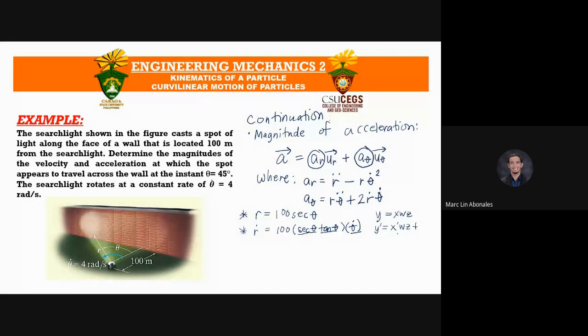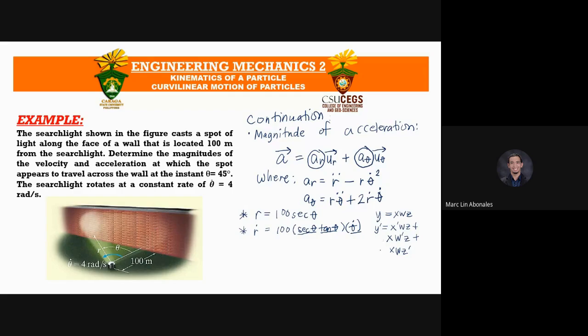Tapos copy lang nimo ang other two variables, w and z, plus x w prime z. So ang ikaduha na po i-derivative, plus x w z prime. So ang last na po the variable ang inyong i-derivative. So this is what we call a triple product rule.